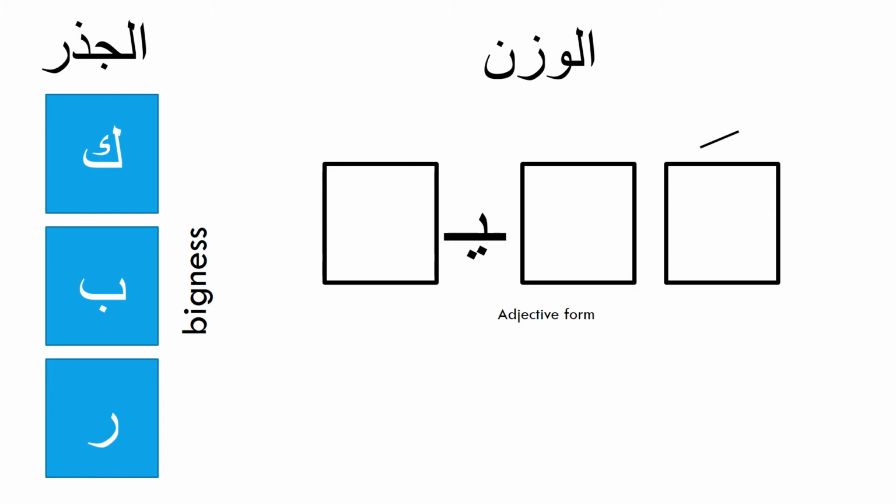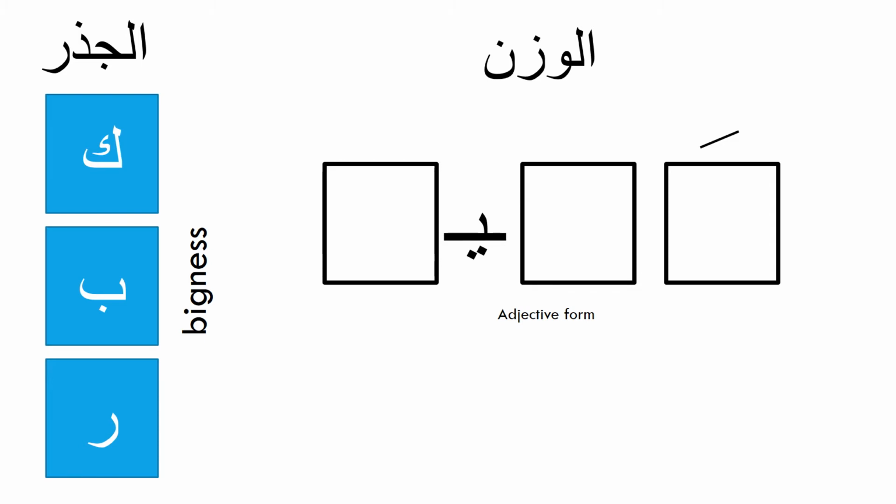It usually has to do with things that are big. We've heard kabir, we know that word. We've heard akbar, like Allahu Akbar, God is the biggest, the greatest thing, is what that phrase means. So this has to do with bigness. There's a verb kabura, which means to grow big, to grow up, to become an adult, etc., etc.